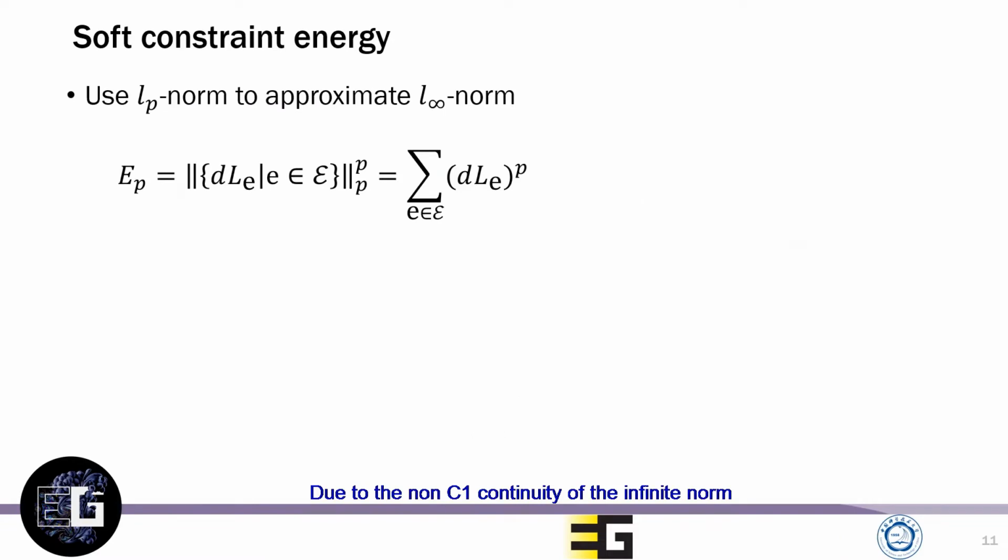Due to the non-C1 continuity of the infinity norm, it's difficult to directly optimize the L-infinity energy to approach zero. Since the Lp norm with a large p is a good proxy to approximate the infinity norm, we adopt the Lp norm to define a new objective function. However, we observe that optimizing this function needs many iterations to obtain a small maximum deviation in our experiments.